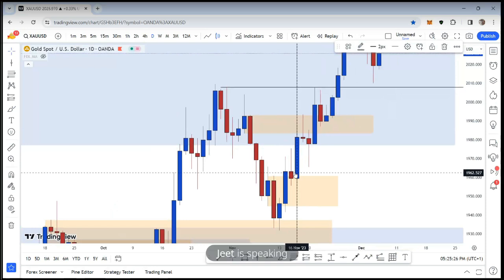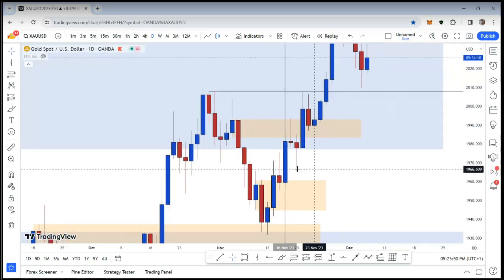And of course, H4. According to the law of CMP, if H4 is bearish, we focus on that H4 bearish state. Only if 4 hours CMP does not respect, then we do what? We focus on the original direction of the market, which is the daily time frame.